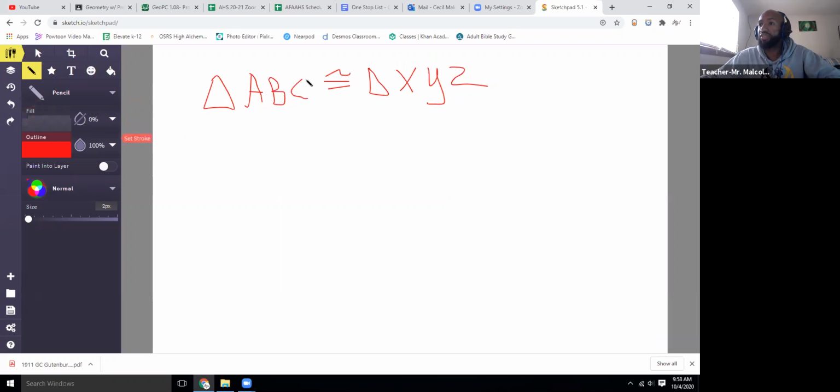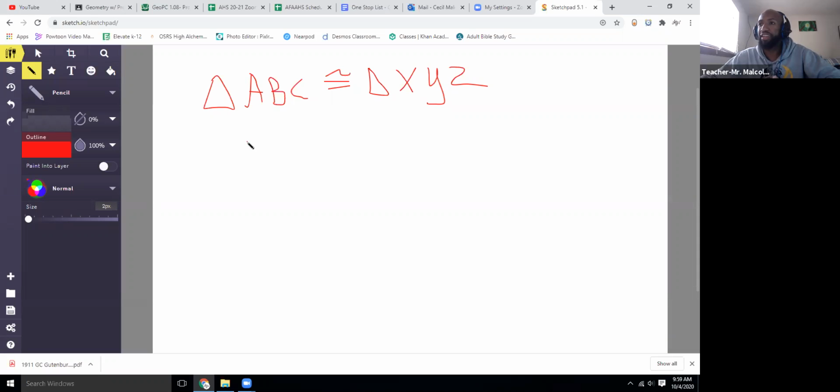We can also see that line BC is congruent to line YZ because of the position that it has. Now here's the tricky part. Line CA is congruent to ZX because of their position. Okay?